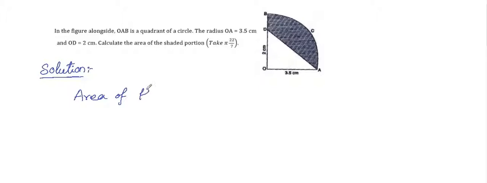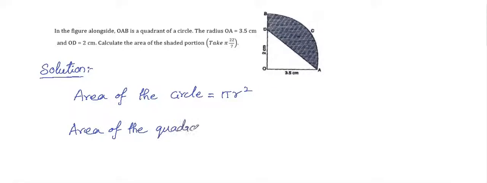So here we need to find the area of one quadrant of the circle first, and then find the area of the triangle, and then subtract it to find the shaded region. The area of the circle formula is pi r square.